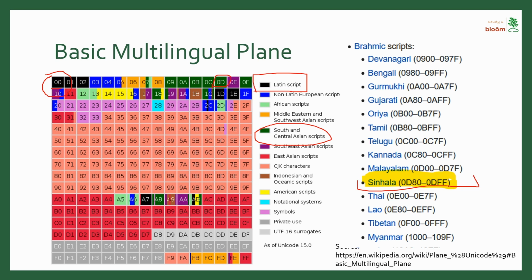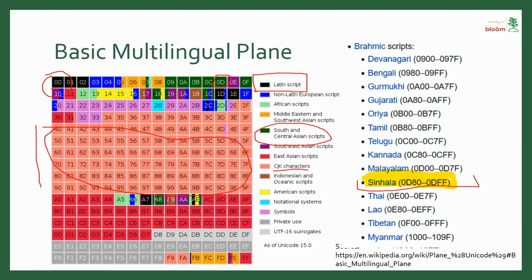Then we have a huge set that is dedicated for CJK characters. It is dedicated for Chinese ideograms. Since Mandarin or simplified Chinese is not a character-based language but an ideogram-based language, it needs a lot of code points to input the words of that language.